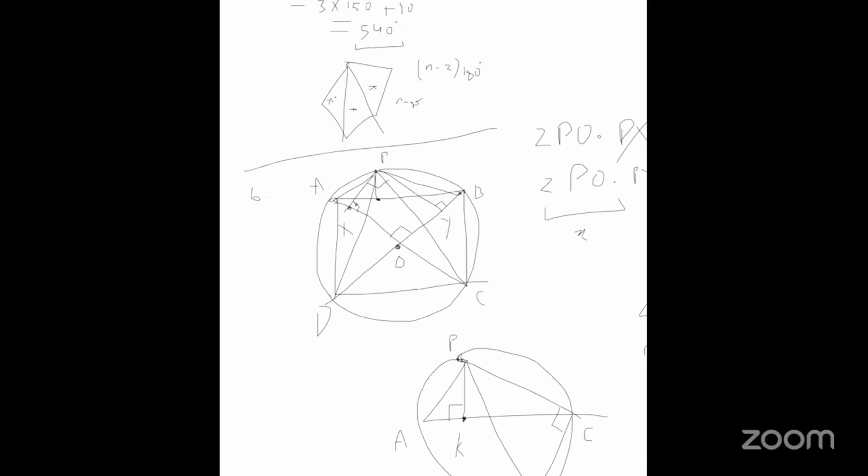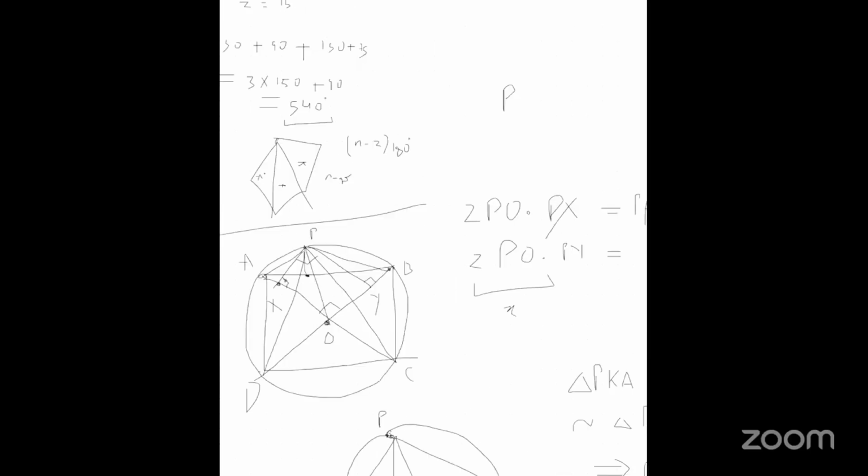What else can we compute now? Now we can just do a Pythagoras theorem, perhaps. So PO square is OX square plus PX square.